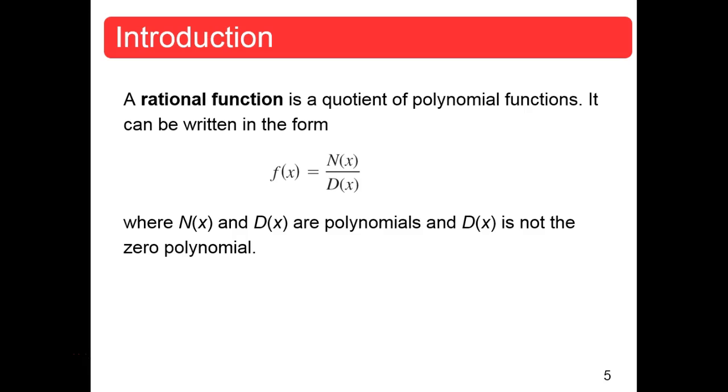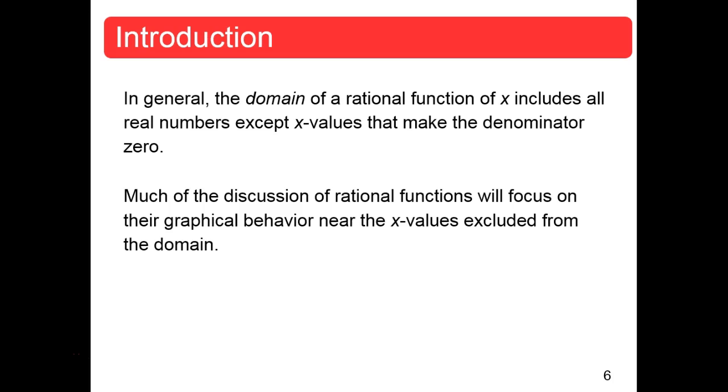Now, that also leads to what we were talking about before, limitations on domains and also vertical asymptotes. We'll still be dealing with that d of x. In general, the domain of a rational function of x includes all the real numbers. We always start there. We assume all real numbers unless there are some x values that make the denominator what? 0, because you can never divide by 0.